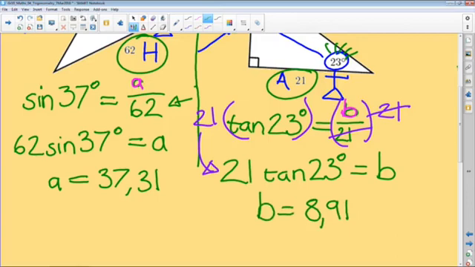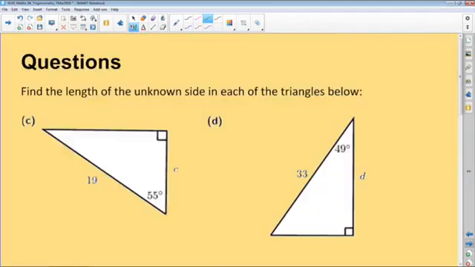Okay, grade 10s, let's go on to the next questions. Now they are very similar. I'm going to give you another minute to try these by yourselves.